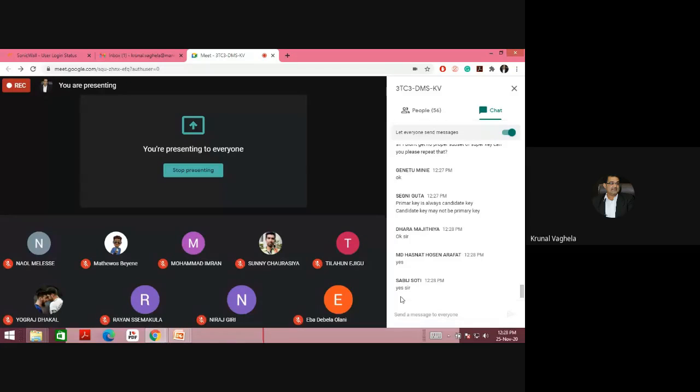We will do examples, very important, and it is asked in your university exam. It will definitely be asked in your university exam, this question: find the number of candidate keys. I will ask your class counselor to generate the link and share it with you. Any doubt up till now? Should we close this session?